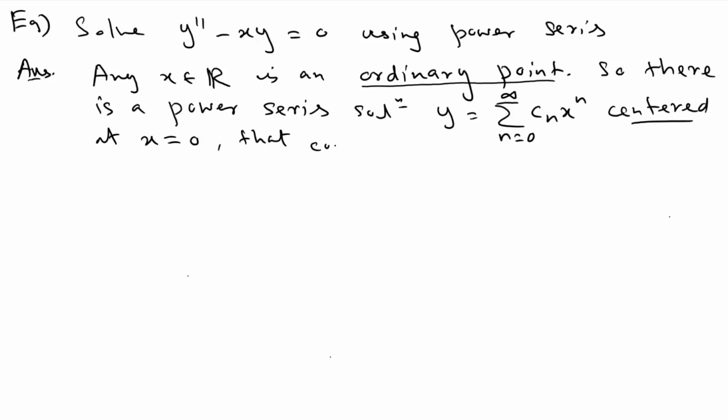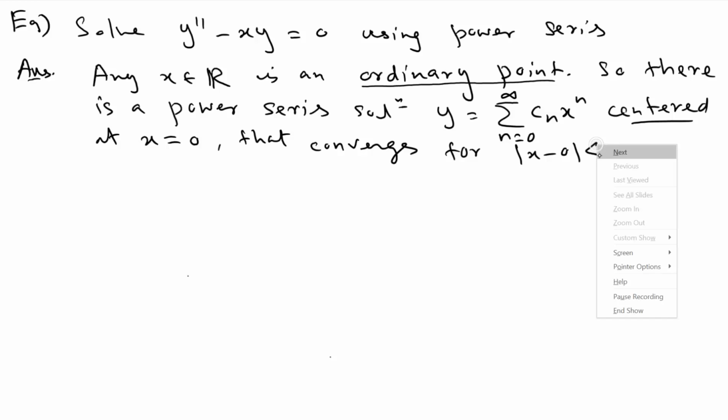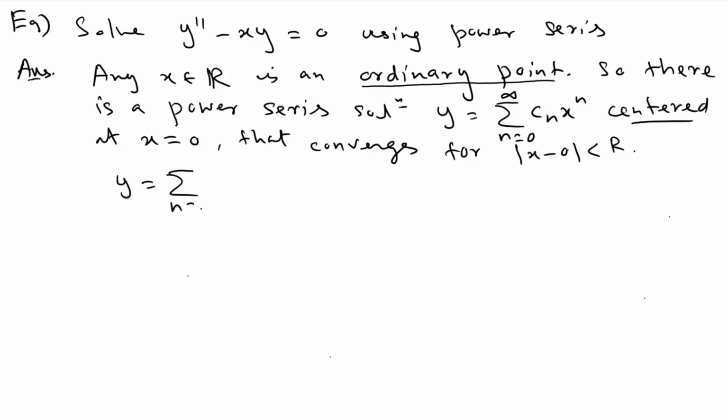for, let's say, |x minus 0| less than some r. Okay, and then we know that we need to take the derivatives now. So we can start with y equals sigma n going from 0 to infinity c_n x^n.